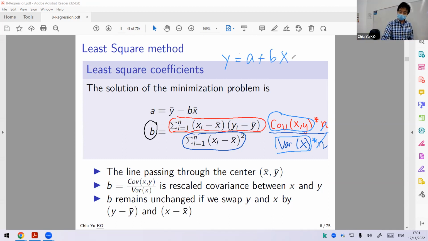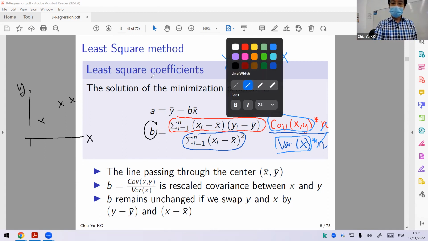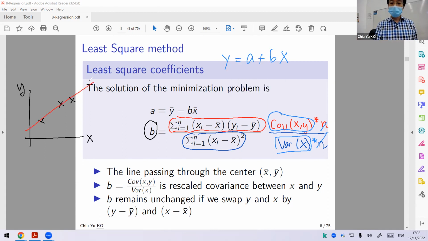So that means that if you double the scale of x, you should more or less keep the same line, or you just reduce the slope, right? So imagine the idea is like this. Suppose I have x and y as a bunch of points, and I just have this line there, right?